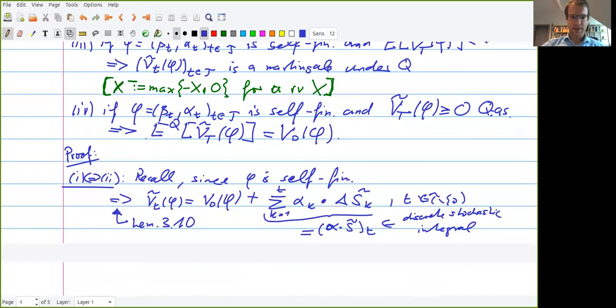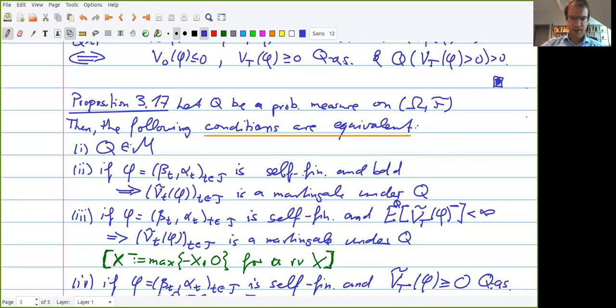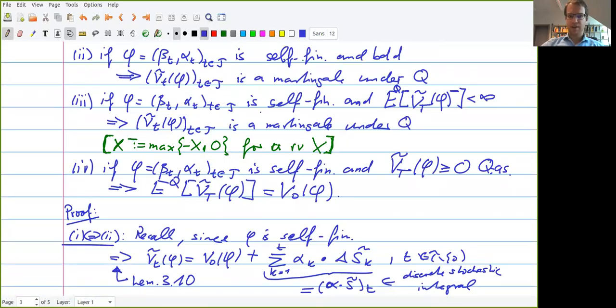So what we want to show as the last thing for today is, well, if we know that for every self-financing trading strategy where the negative part at the terminal time is integrable, then we can show, and this is what we're going to do, that if we have a self-financing trading strategy with associated terminal wealth non-negative under this measure Q, then the expected value of the terminal discounted wealth is equal to the initial capital.